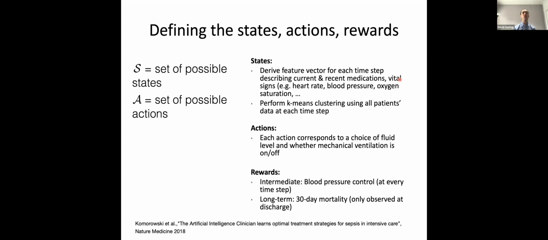Now, for the reward function, one wants to, of course, keep this patient healthy. And so how one characterizes healthy is one of the key design choices in setting this up. And different choices of reward functions will result in very different policies that are learned.